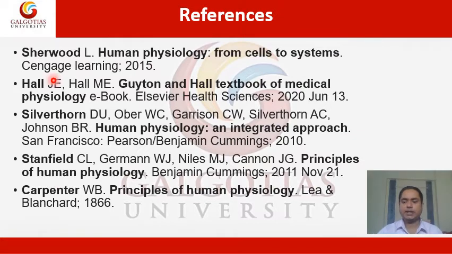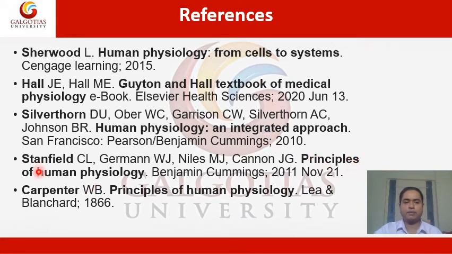So these are the references for learning human physiology. You can learn with Sherwood. Guyton and Hall is another textbook of medical physiology. Human Physiology: An Integrated Approach is another very good book.